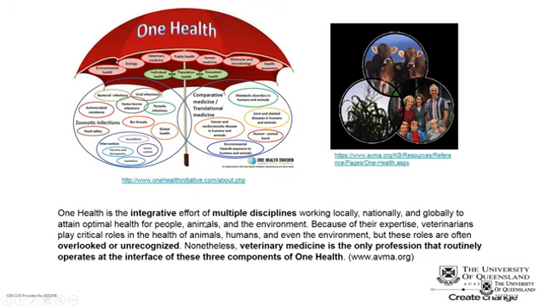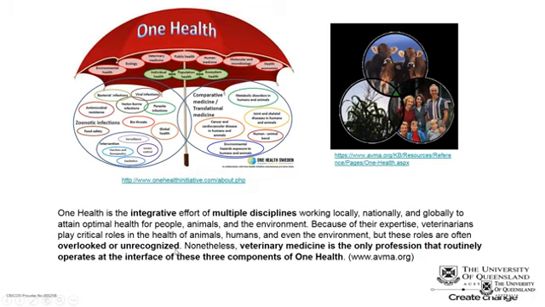I've taken this definition from the AVMA website, and what I've done is highlight the words that I think are important. So integrative is essential. One Health is about integration of policy and practice. It starts to become difficult to work when we talk about multiple disciplines, because we really are framing it in a scientific context.